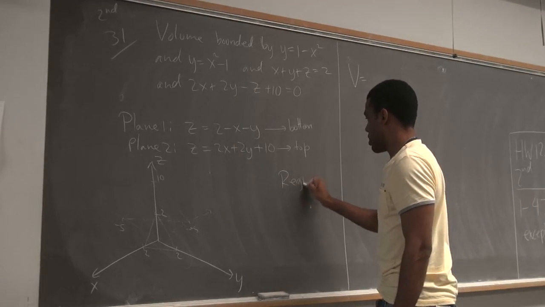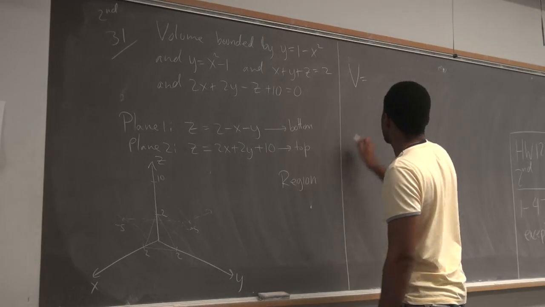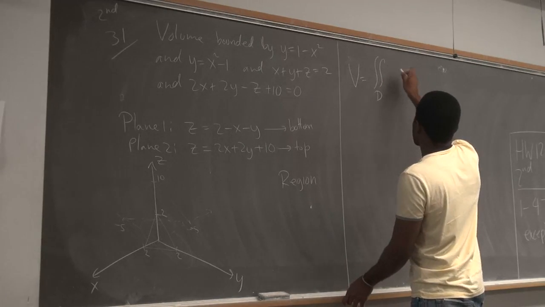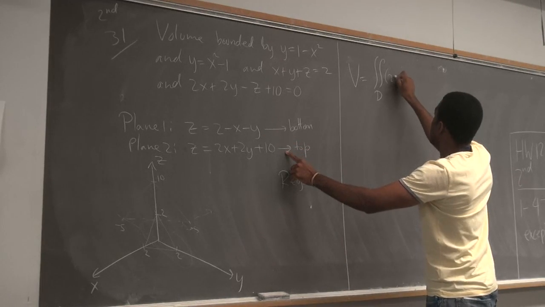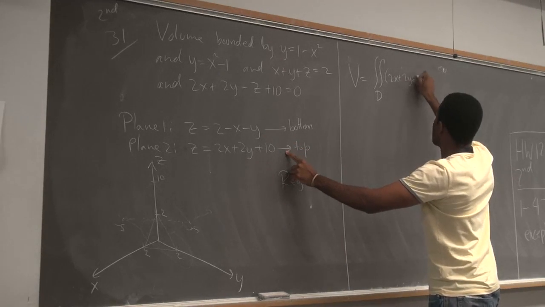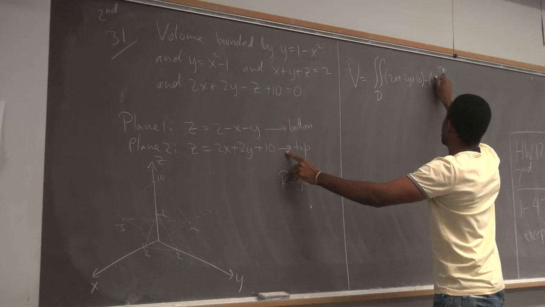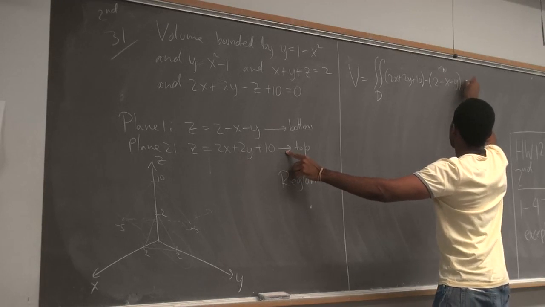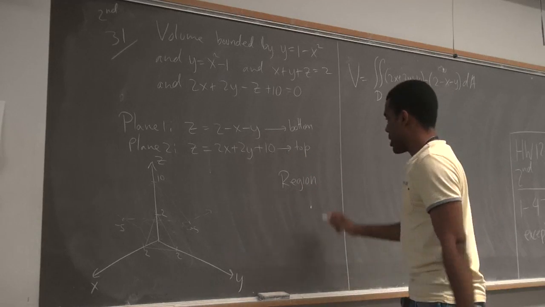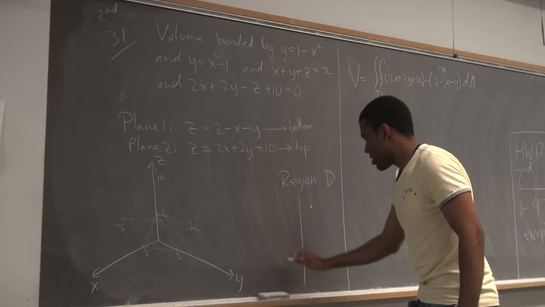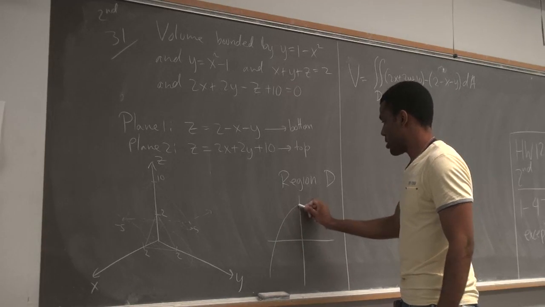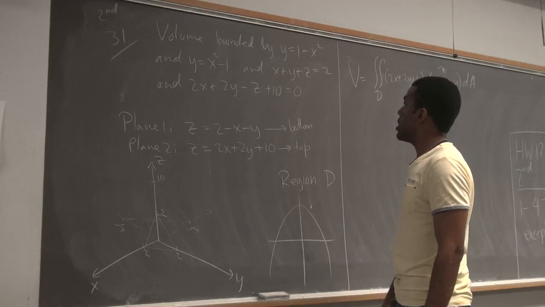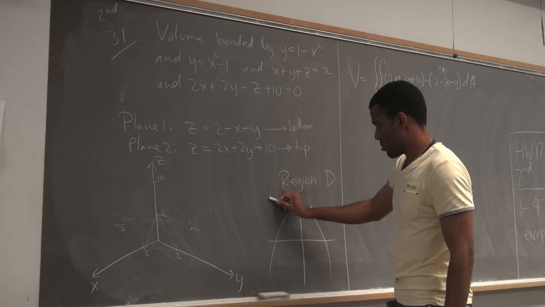Now let's set up the region. Let's put 2x plus 2y plus 10 minus 2 minus x minus y, dA. Now the region D, well that's given by these two guys that they gave us, 1 minus x squared and x squared minus 1.